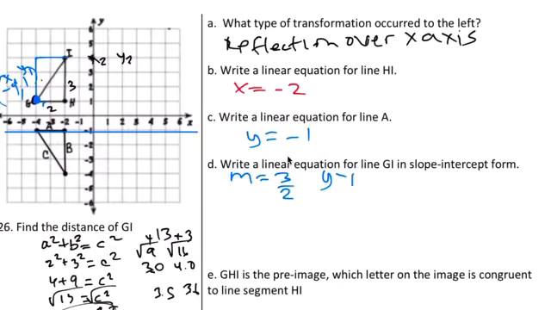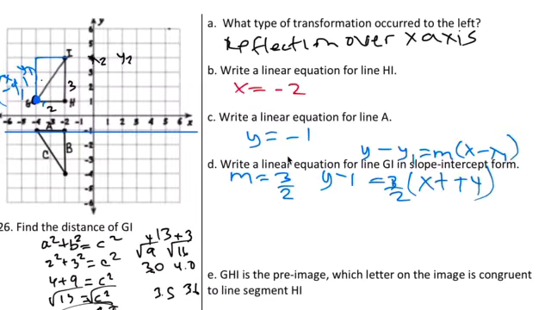We're using point slope: y minus y sub 1 equals m times parentheses x minus x sub 1, where m is 3 over 2, parentheses x minus a -4.